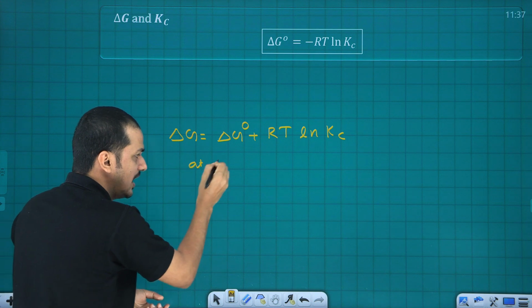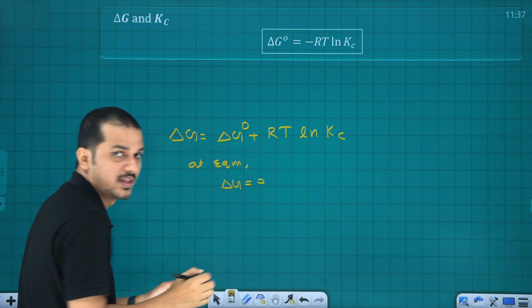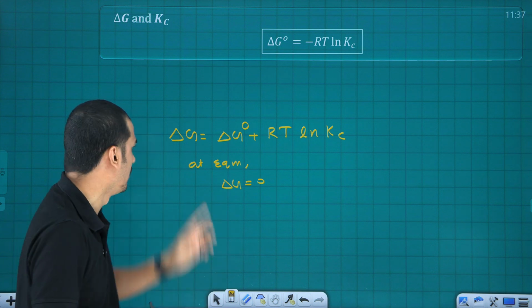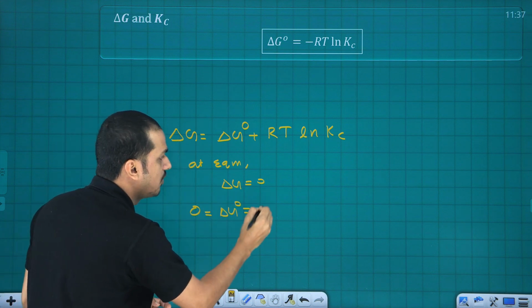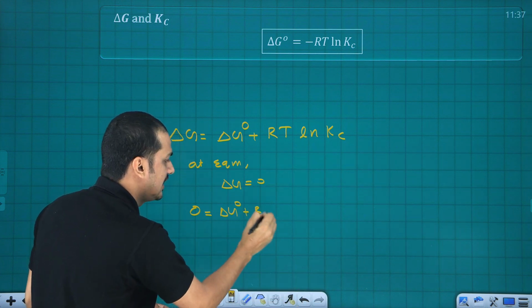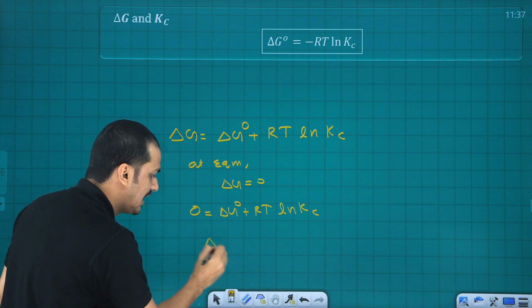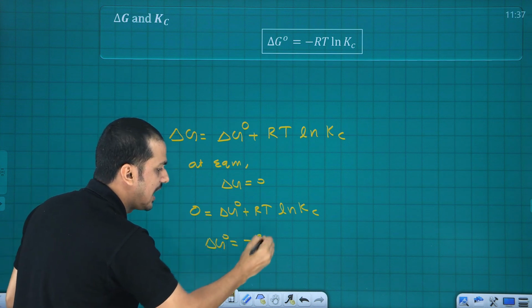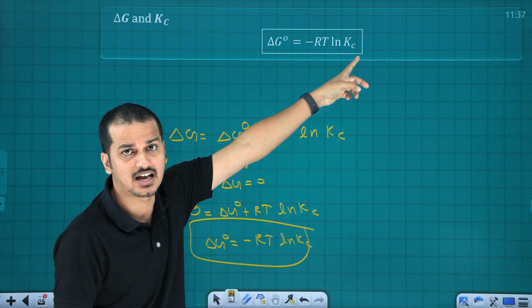At equilibrium, delta G equals 0. The Gibbs free energy change is 0, that means left hand side equals 0. So 0 equals delta G0 plus RT ln Kc. Therefore delta G0 equals minus RT ln Kc. That only we wrote here, delta G0 equals minus RT ln Kc.